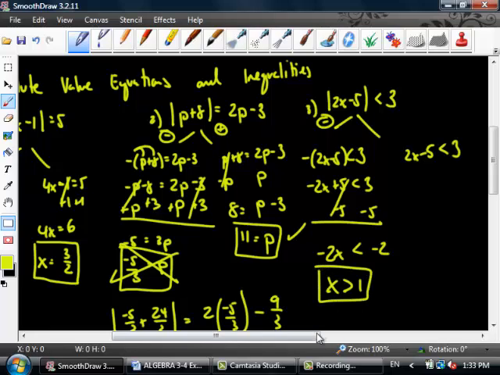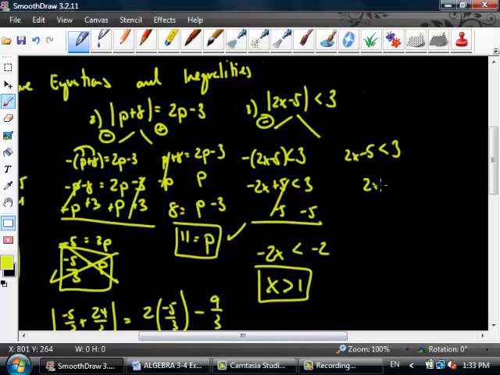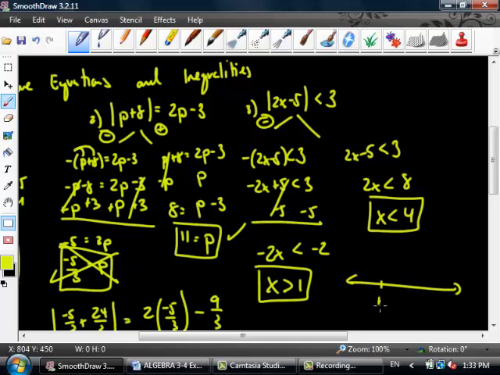Do we agree with that? 2x is less than 8, x is less than 4. So 1 to 4. Make sure you guys graph your solutions. It will tell you to do that in the instructions. Questions? Okay, let me get you guys the next set of problems here.